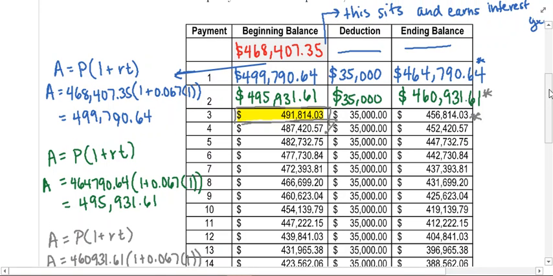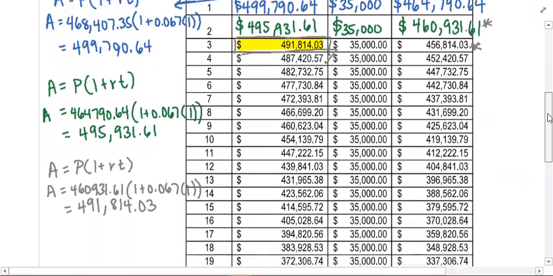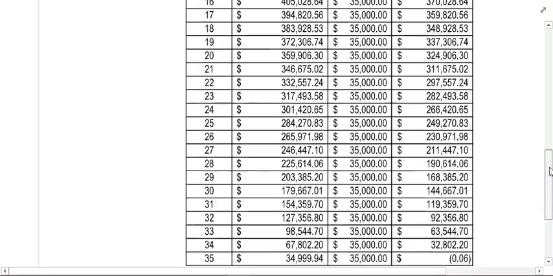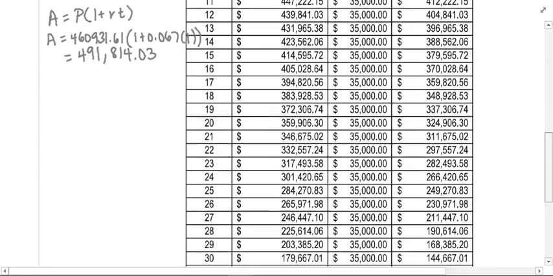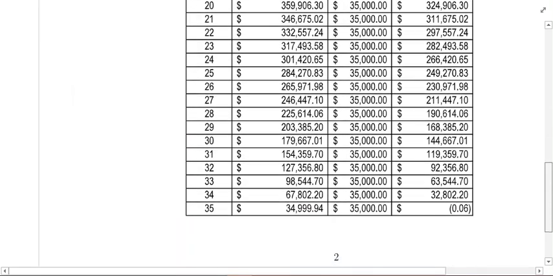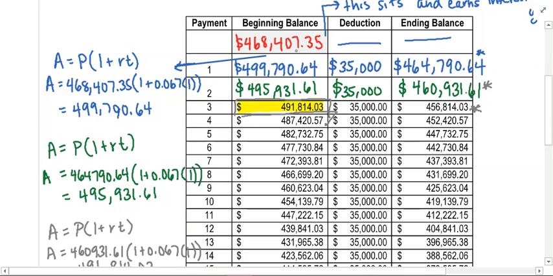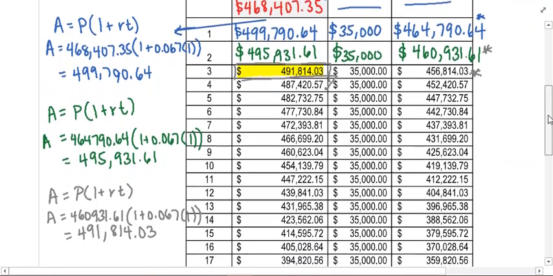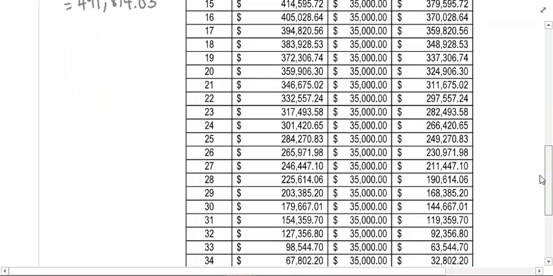So if we scroll down, there are a couple of things to notice about this table. Again, the first column, tracking the payments, there are a total of 35 payments. In the deduction column, every time there is a deduction of $35,000. And you can look at how the beginning balance and the ending balance compare over time. If you look at the beginning balance column, you can see how it goes down, down, down, down, down.